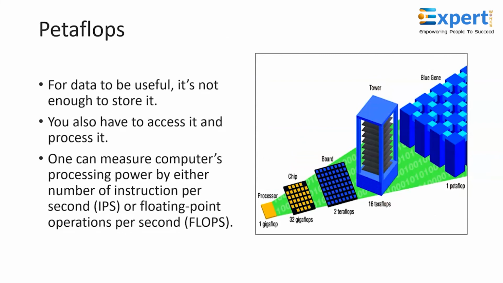Talking about just the speed, talking about just the storage, for data to be useful, it's not just enough to store it. You have to be able to access it and process it. Then only you can say that you are having some ready storage, like a bank. Whenever you want, you can go and access your money, and whenever you want, you can deposit the money.